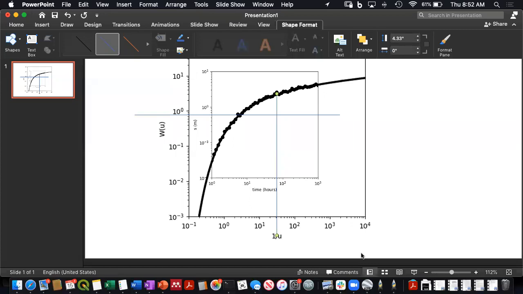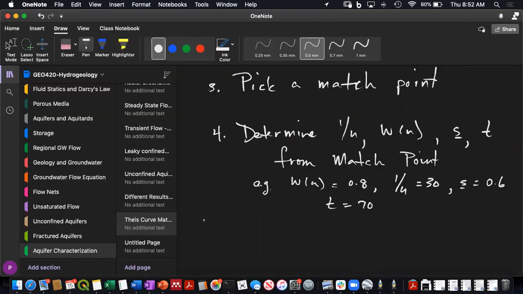Now remember, this match point is just one that I picked. It can be anywhere where these two graphs overlap. Doesn't matter, but what you have to do is you use these lines and you pick off the values of WU, 1 over U, S, and T. Now we can use these to calculate our transmissivity.